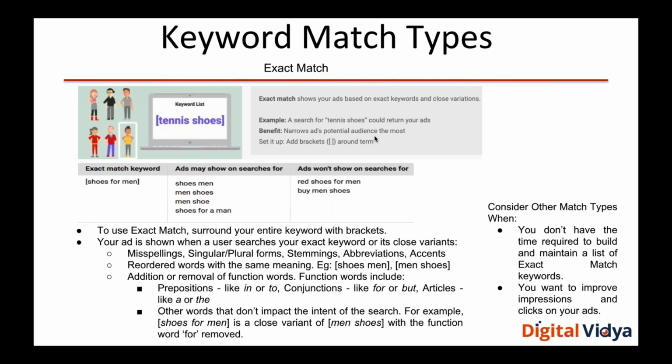The only thing you need to be careful about when you use exact match is that since your ad will not be triggered for any other word, you have to think about all possible relevant variations and put them in exact match, so that you don't miss out on any relevant searches. That's also important, right?